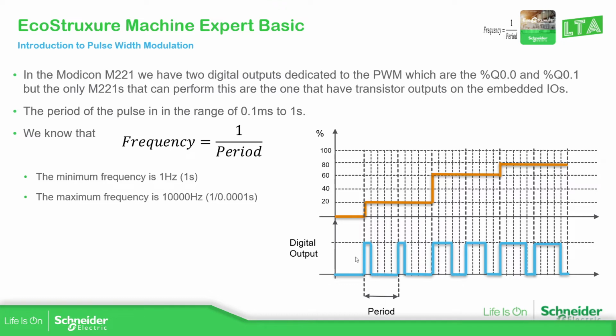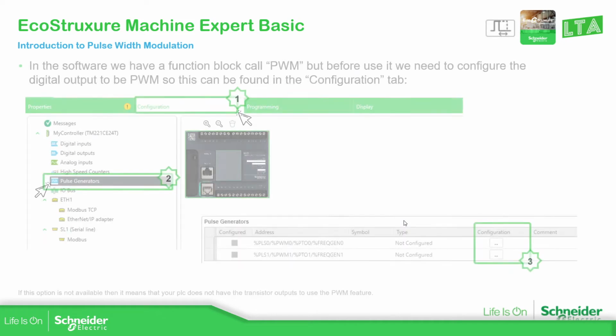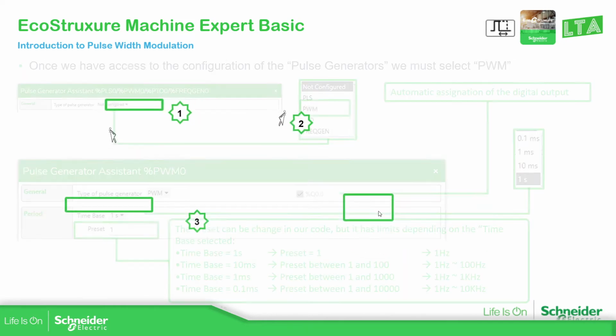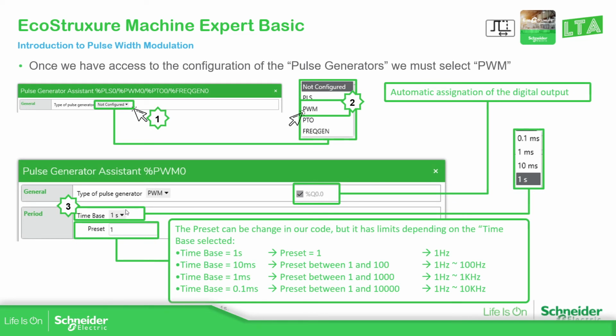Depending on the range of the time base, we have a limitation on the amount of preset that we are able to put over here. If we select a time base of 1 second, the preset value must be 1, because we have the limitation that goes from 1 hertz to 10 kilohertz.